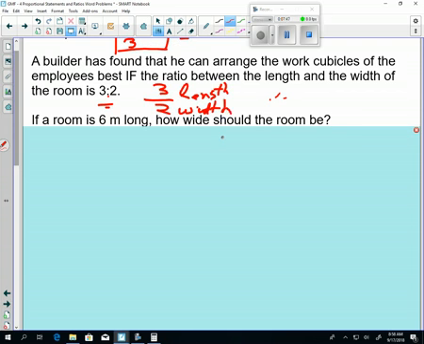If the room is 6 meters long, so now I write my proportional statement. Since length is on the top, I put my length 6 meters on the top, and I don't know the width, I put it on the bottom. Now we have a proportional statement, and I can solve it by cross multiplying.